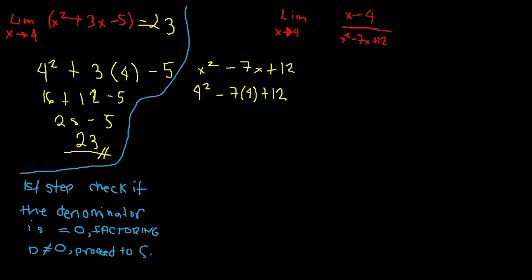So, 4 squared ay 16, minus 7 times 4 ay 28, plus 12. And then 16 minus 28 plus 12. So, let's do it sa calculator. 16 minus 28 plus 12 is equal to 0.